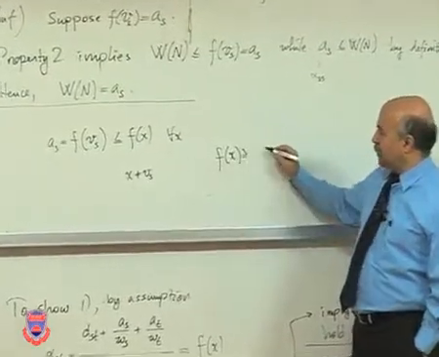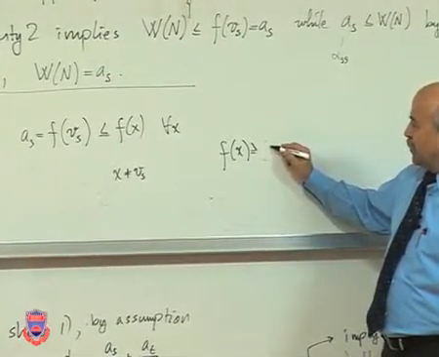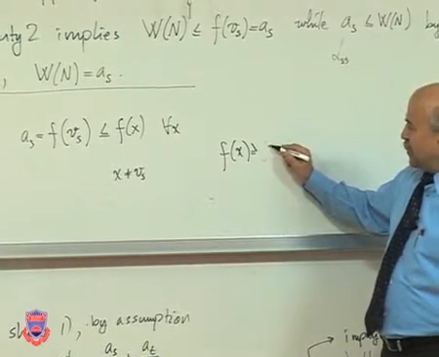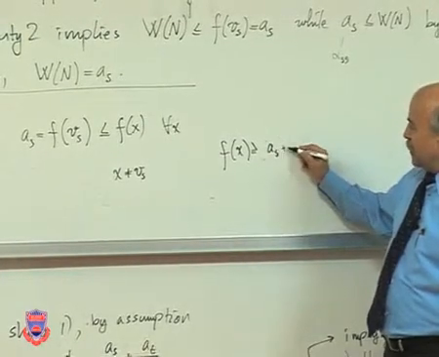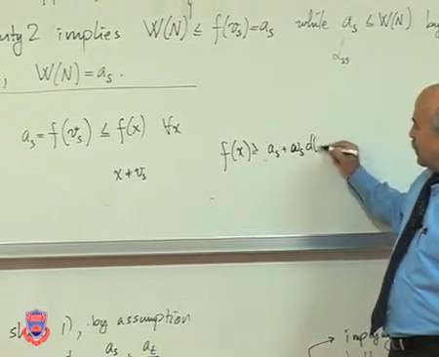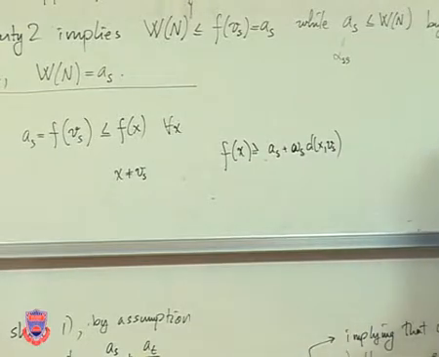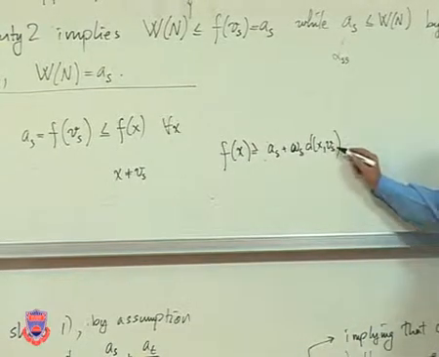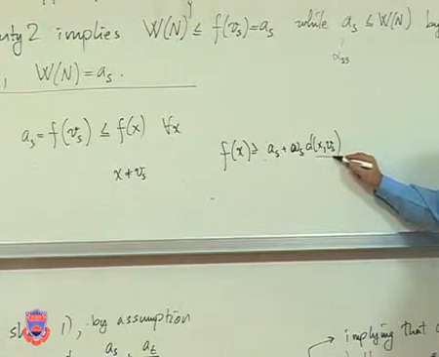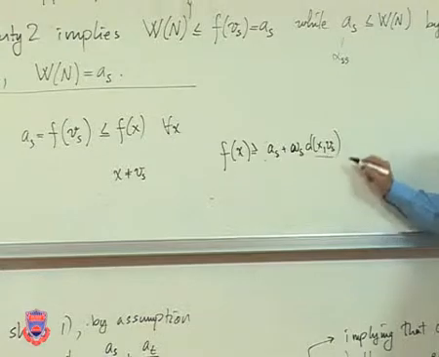In particular, it will be greater or equal to As plus Ws times the distance d of x and Vs. This is positive.